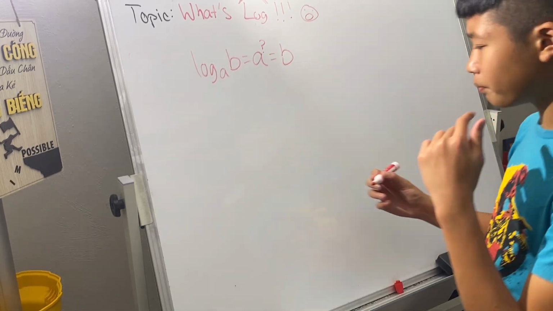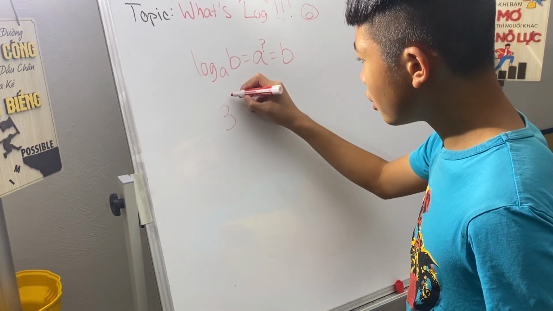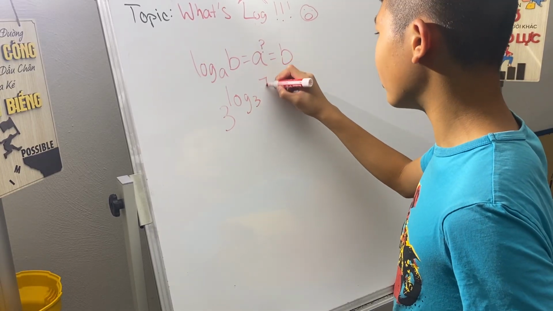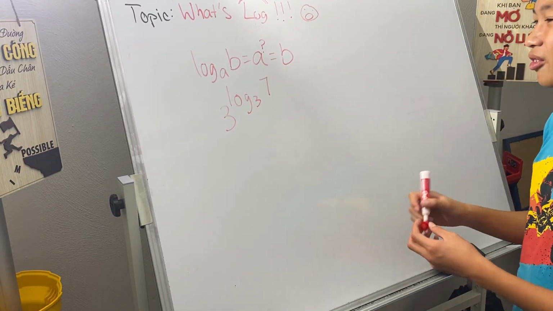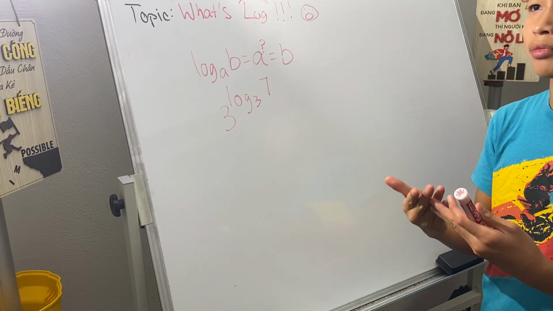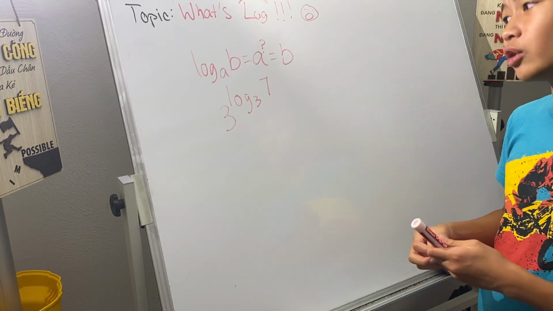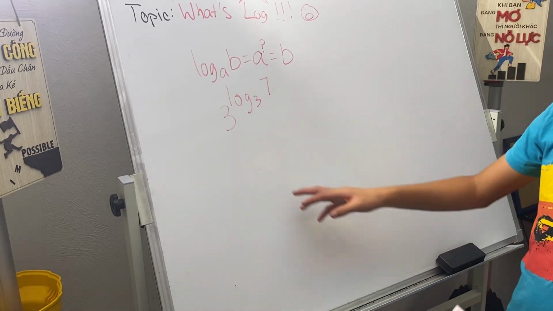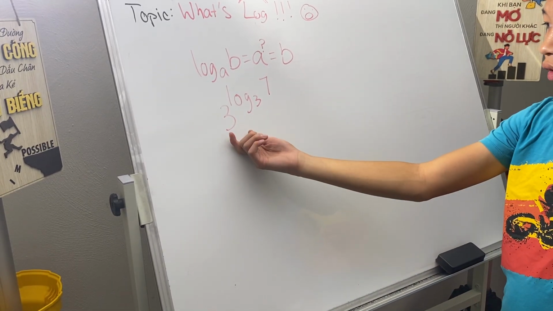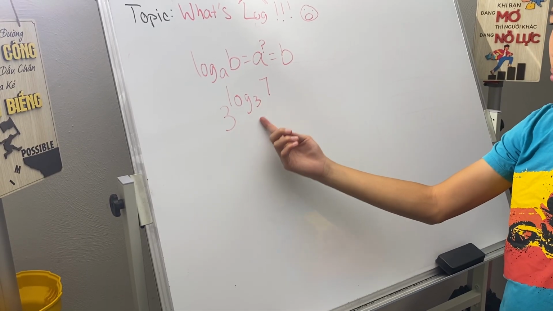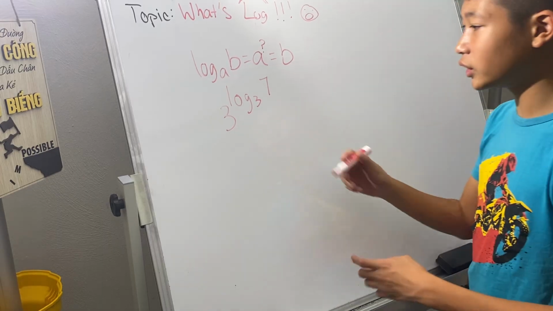What about 3 raised to the log base 3 of 7? Now, 3 to the what equals 7? It's gonna be a decimal number, right? It's gonna be hard. You gotta use a calculator, of course. But if the base right here is raised to the log of the same base like this, it's gonna cancel itself.